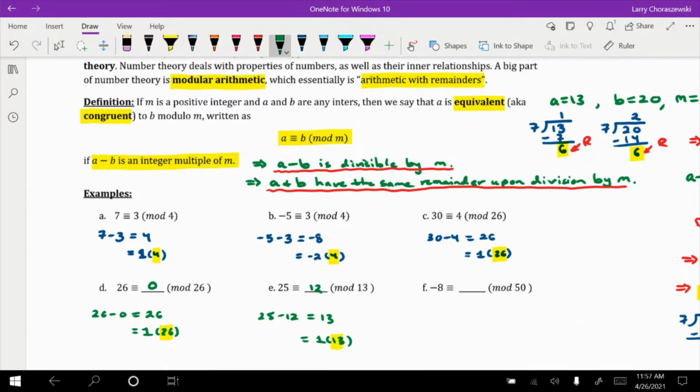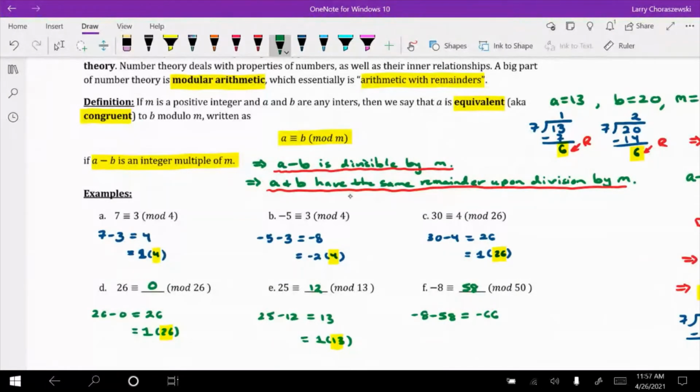Anybody want to offer a solution to part F? 58. Okay, so if we did negative 8 minus 58, that gives us negative 66. Can we do negative 58?